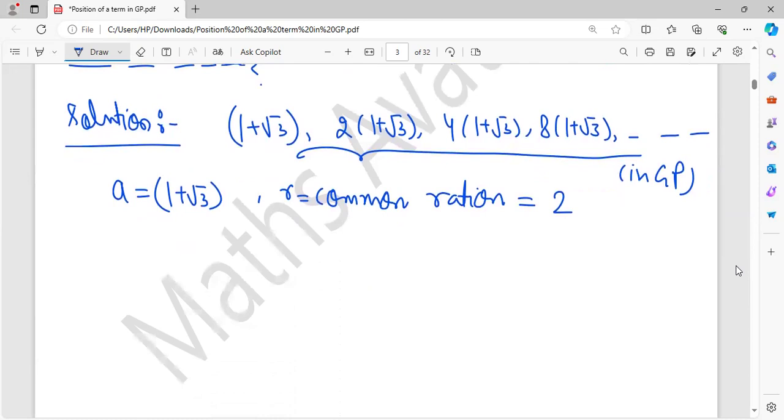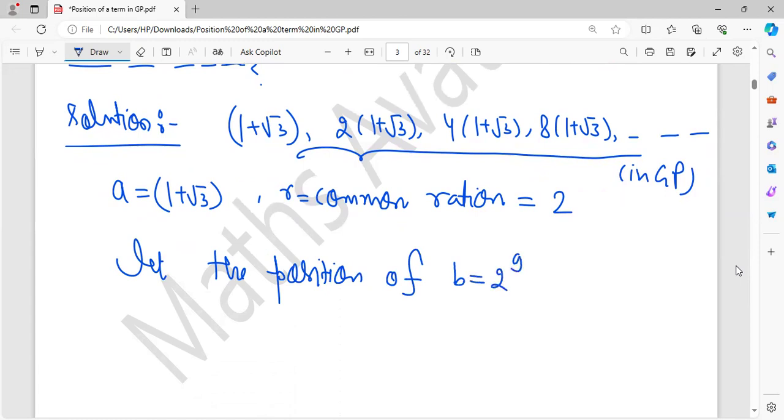So let the position of B, equal to 2 to the power 9 times (1 plus root 3), be N. Then the nth term is B. What is the formula?